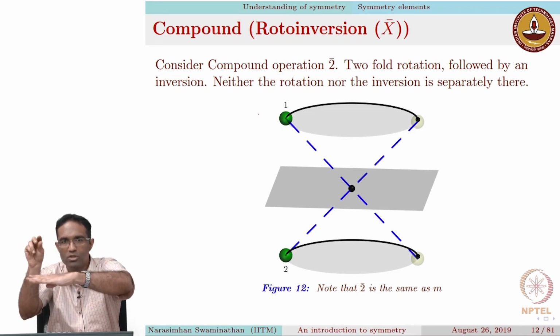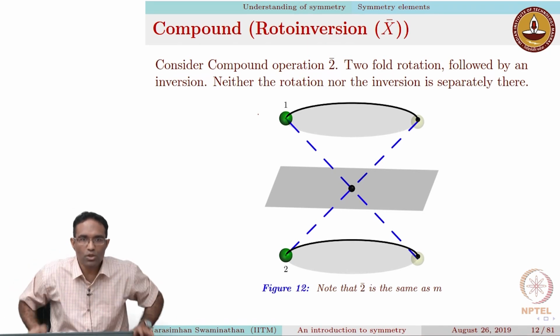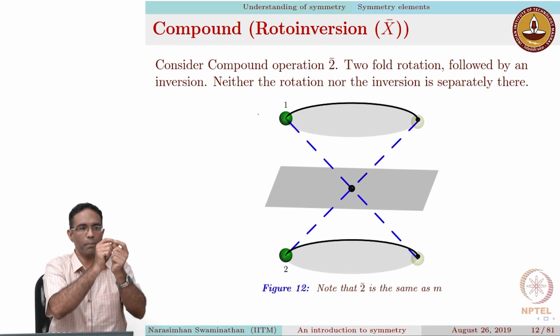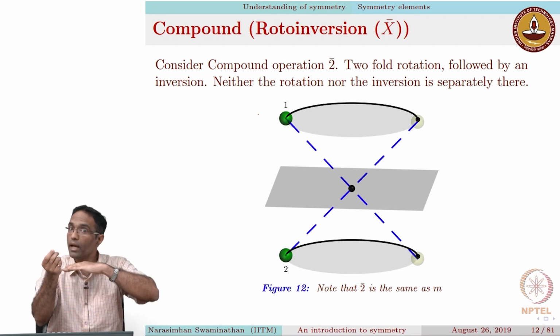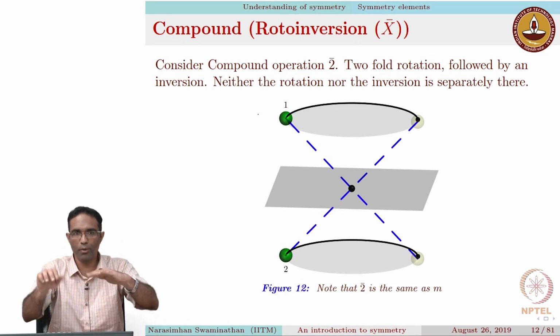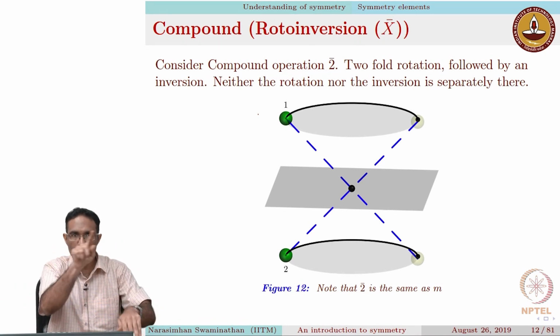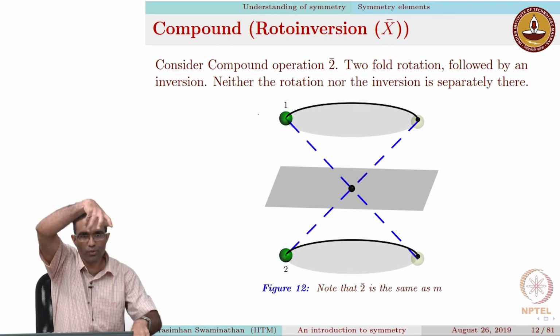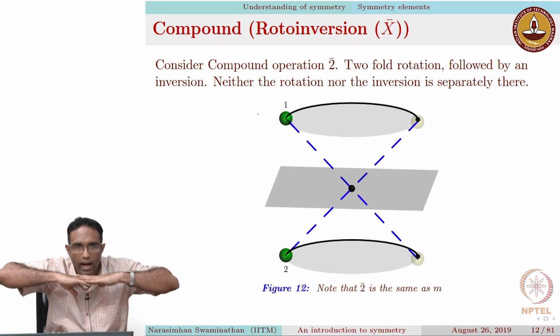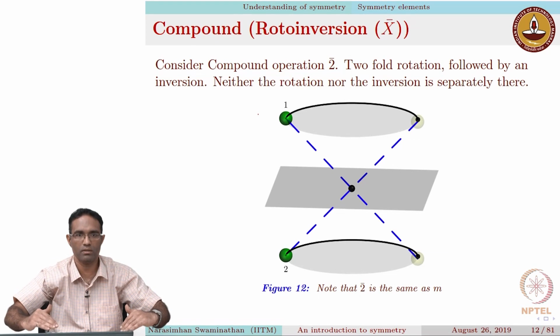So this atom is not there. I have applied a twofold rotation and then I applied a mirror, so this intermediate point is not generated. 2 over M means the twofold rotation is also present and the mirror is also present.